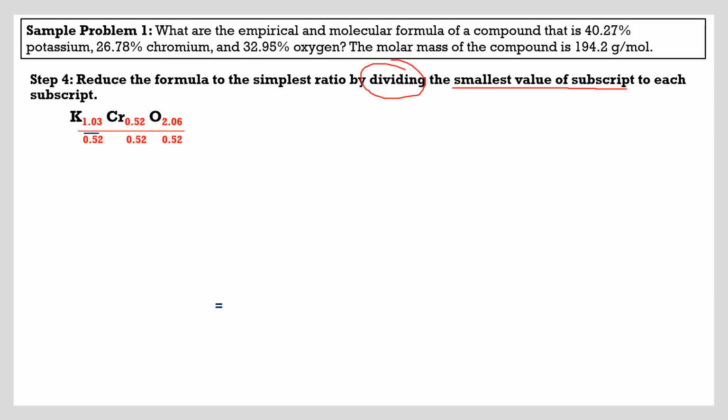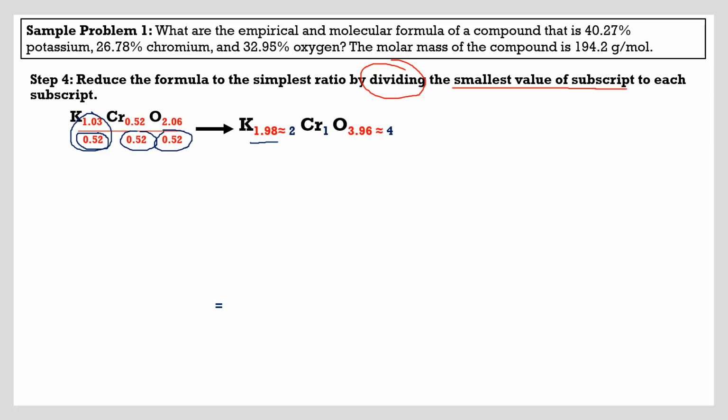Therefore, we are going to divide each by 0.52 since this is the smallest value. So that will give you now 1.03 divided by 0.52 is 1.98. Now take note, if the value in here is near to its whole number, then we immediately round it off. So this 1.98 is approximately 2.